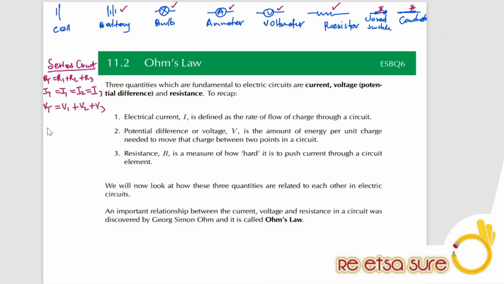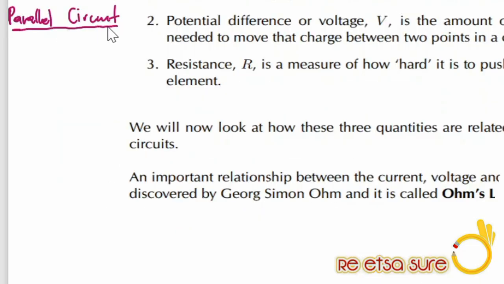For parallel circuit, if I want to determine the total resistance, we are saying that 1 over RT is equal to 1 over R1 plus 1 over R2 plus 1 over R3.